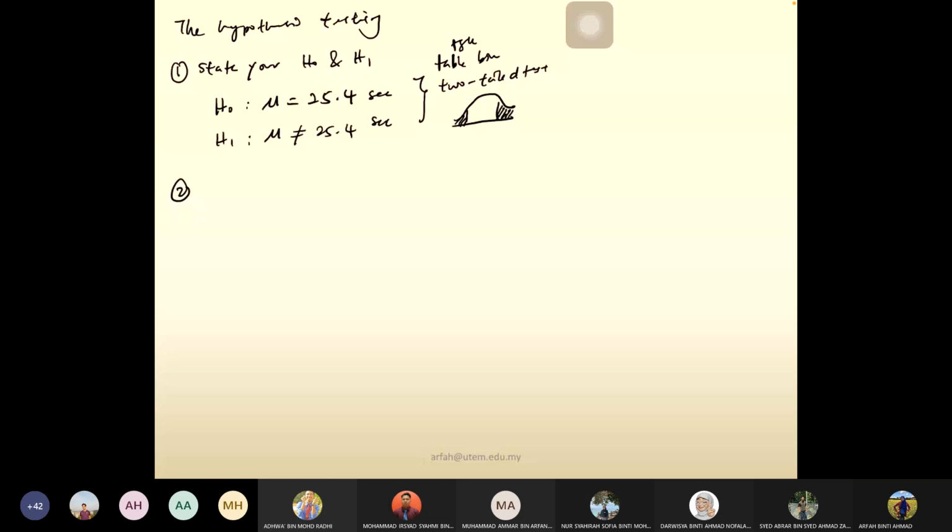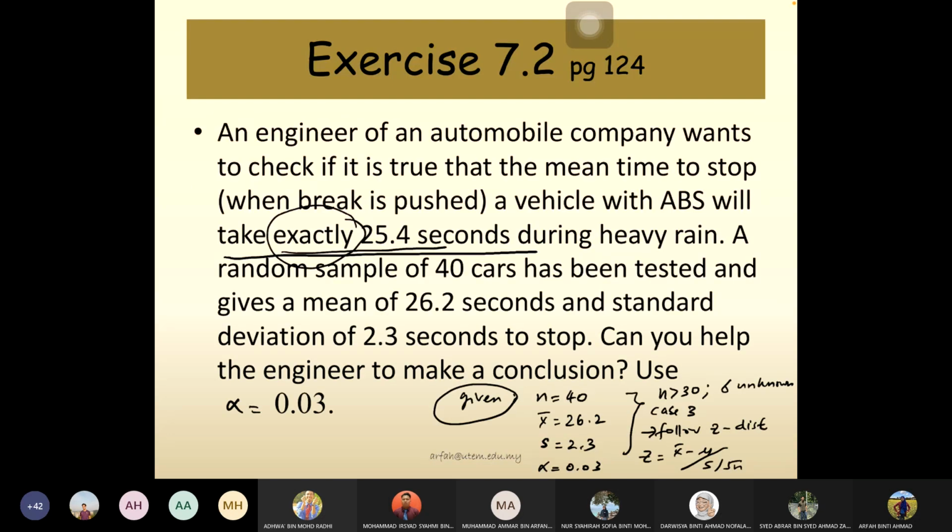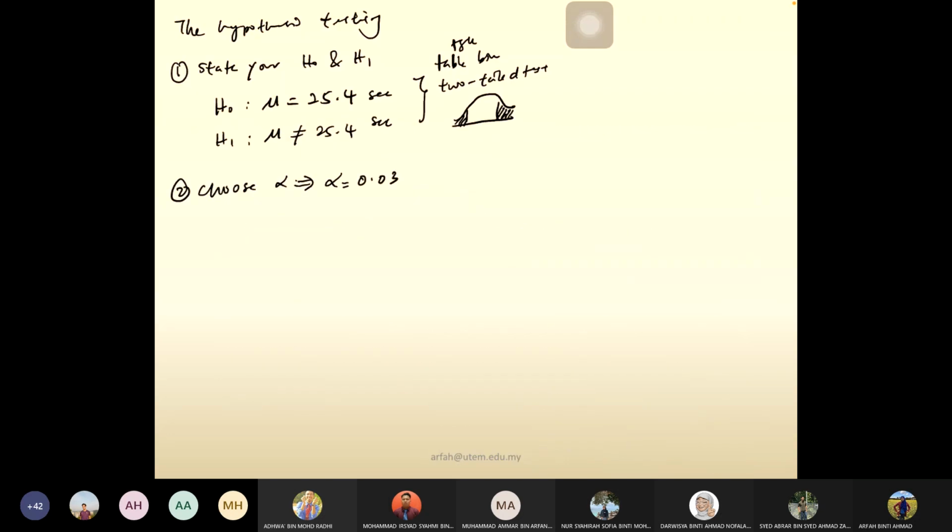So step kedua, choose alpha. Dia dah bagi alpha equal to 0.03. So simple sangat step kedua. Step ketiga, the test statistic.